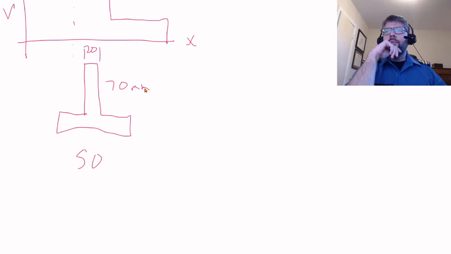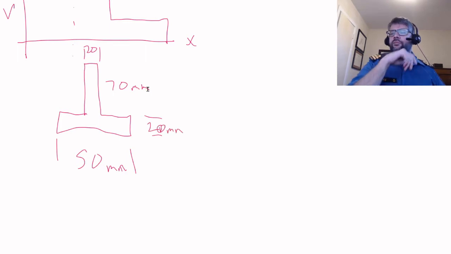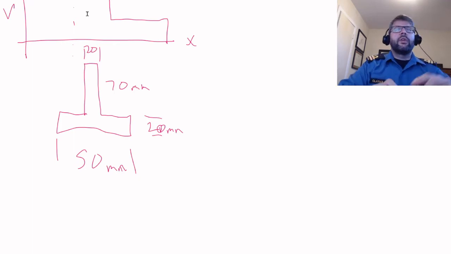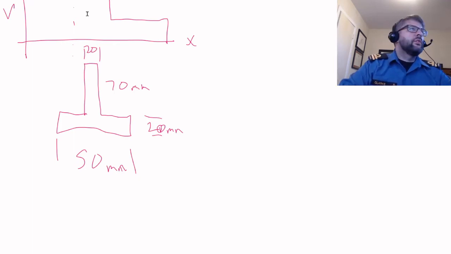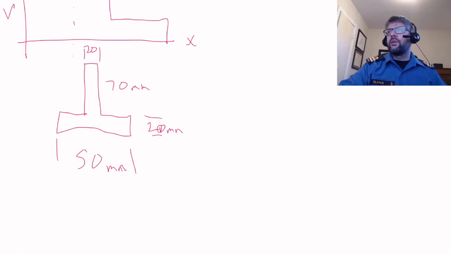This is 50 millimeters. And that's also 20 millimeters. So if we want to figure out what the I is, the best thing to do would be to break that up into 2 different segments. So go for these colors here, a green and a purple segment.